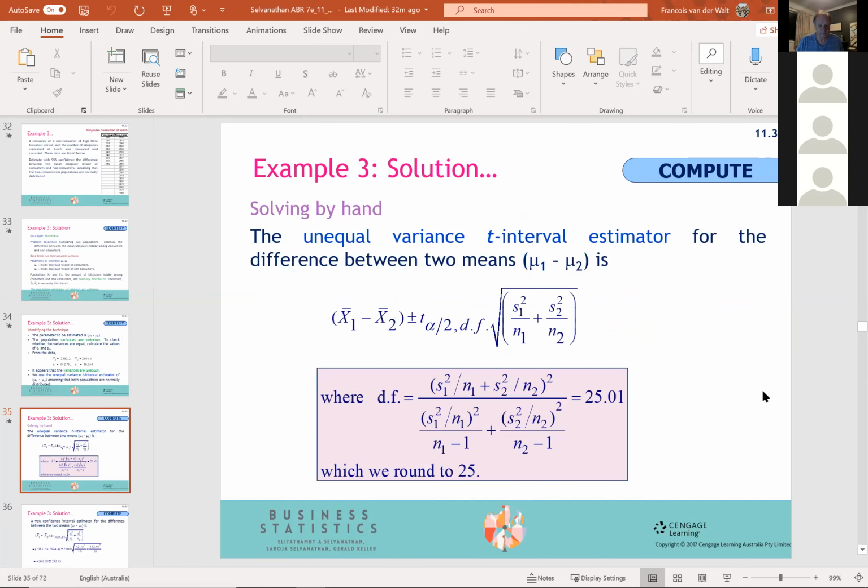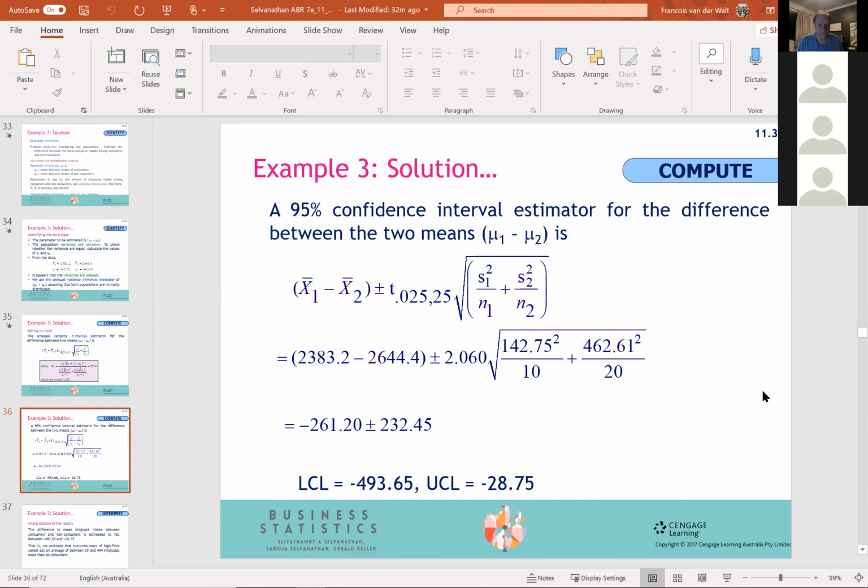Okay, they've done it all in the negative, but you can see that that's just a sign, whichever way you want to do it around. Does that make sense? Yep.